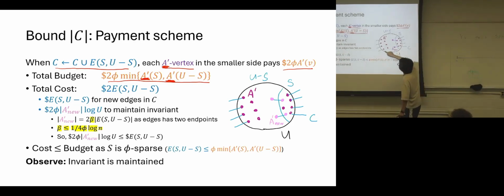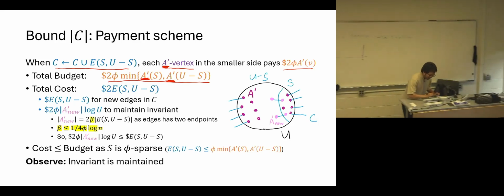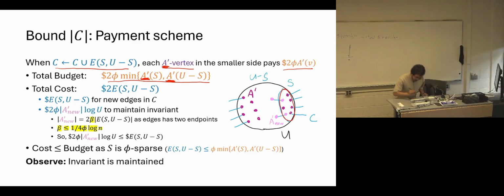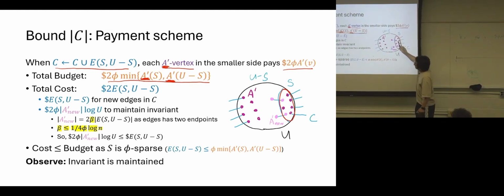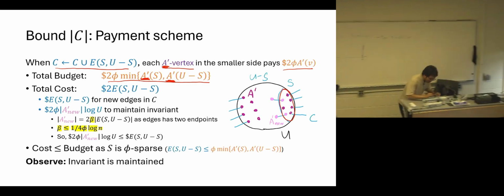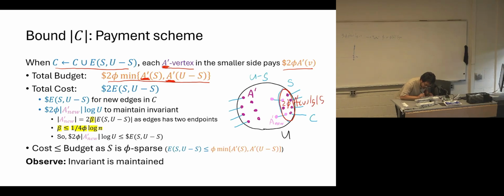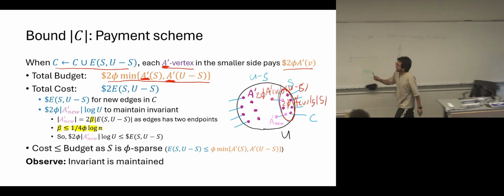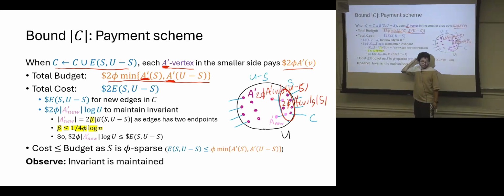This is a component U. Actually, every node here needs to have 2 phi A prime V times log S. This node needs to have 2 phi A prime V times log (U minus S). But if I just pay this much, it's more than both sides.